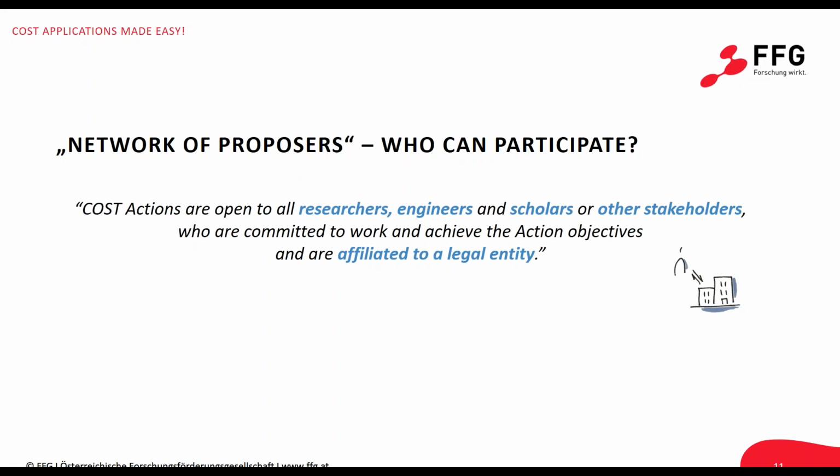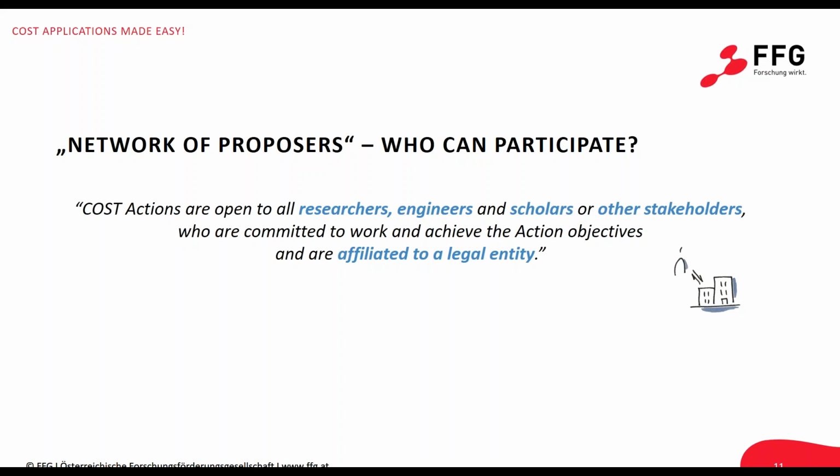But basically the rule here with COST is that it's not necessarily only scientists. It's basically any expert, anyone who has a say in your research field, who can bring a benefit to your research field. And I think that's very important to consider when you think about your network.